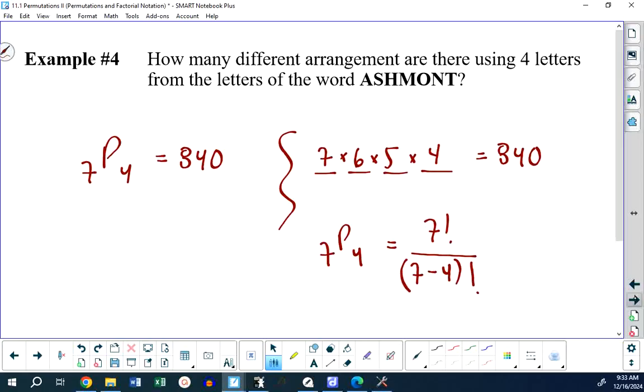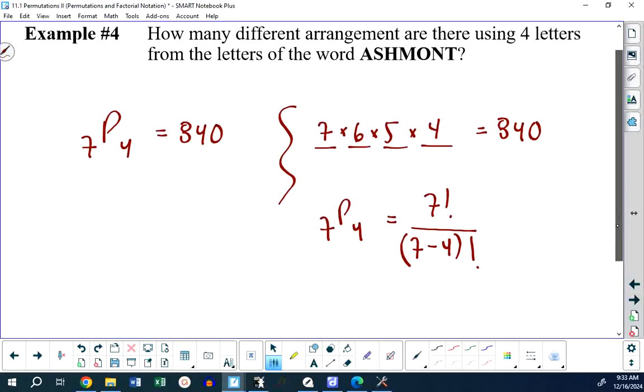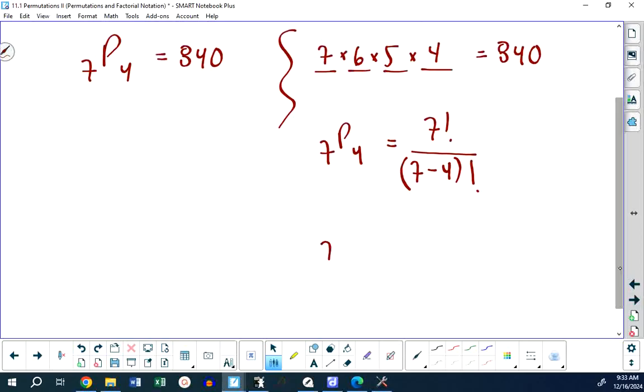And I know that some of you might say, why would I want to do that when I can just get the answer? Because later on you can't. It gets more complicated. And what this becomes is 7 factorial over 3 factorial. And if you do what we did at the beginning of the lesson and expand the larger factorial, you will see that the 3 factorial cancels, and you're going to be left with that. Are you with me? Okay.